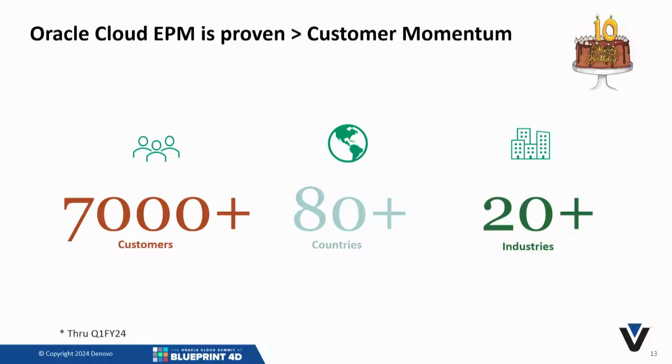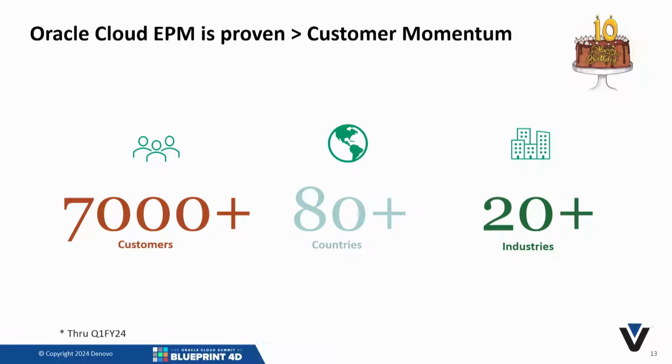I put this in here as well because just a couple months ago, Oracle EPM Cloud turned 10. Again, some of you already picked Oracle EPM Cloud, but it's been out there a long time. And those early years, from a partner perspective, we really focused on making sure it was scalable, giving feedback to Oracle.